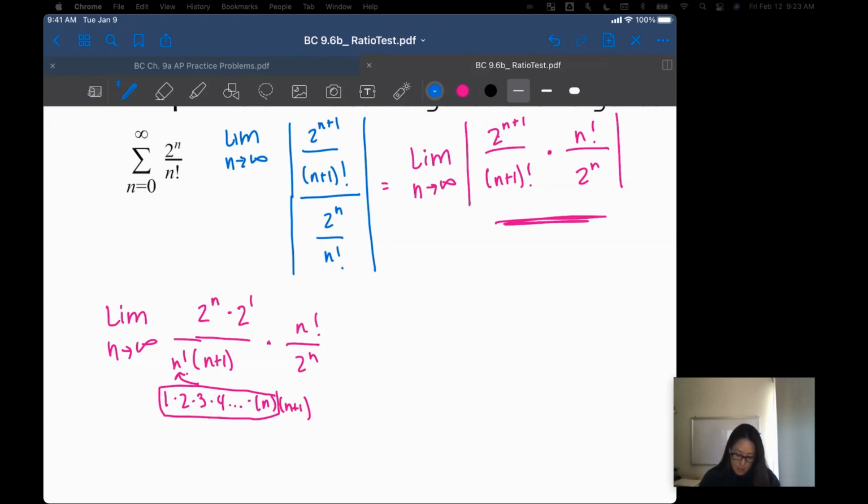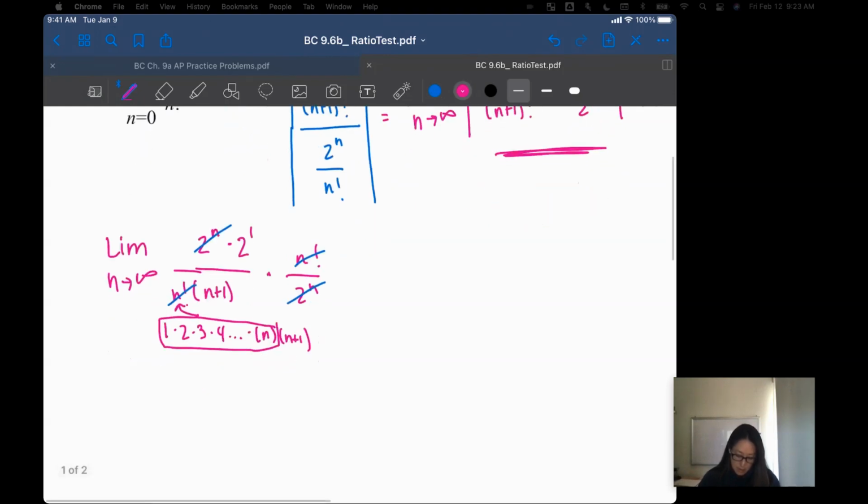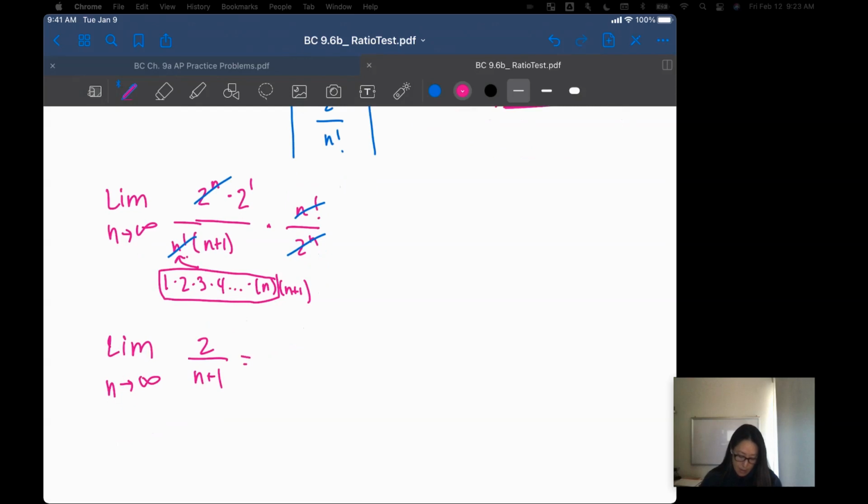So I see that the n factorials will cancel, the 2 to the n's will cancel, and this is going to leave me with the limit as n approaches infinity of 2 over just plain n plus 1, okay? And when I take the limit of that, 2 is going to stay constant, and then I'm dividing by infinity, so that's 0, which is less than 1. So the series converges by ratio test.